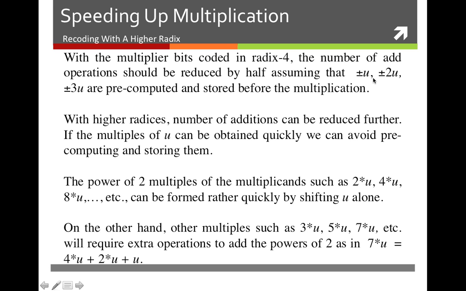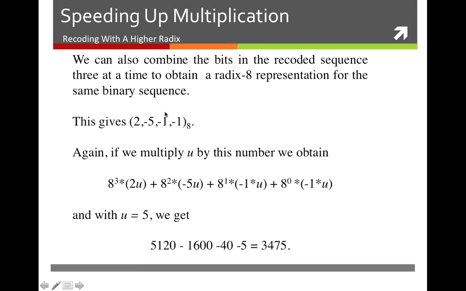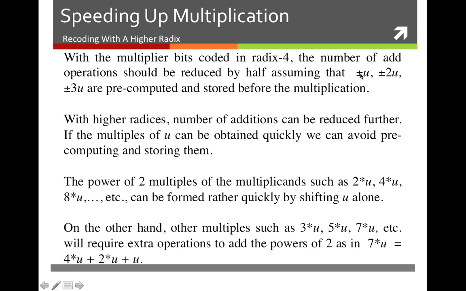Of course, for each u, these terms could be different, but what makes them advantageous compared to the prior example where we had the -5 is that every one of these terms we've written down here, except this one, can be done by simply shifting by one place or not shifting at all.